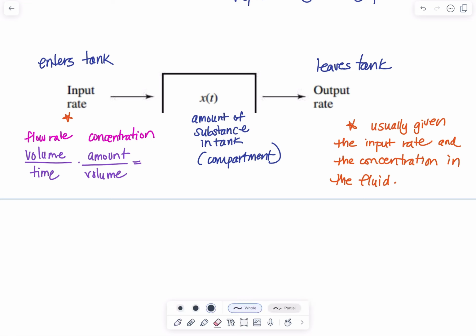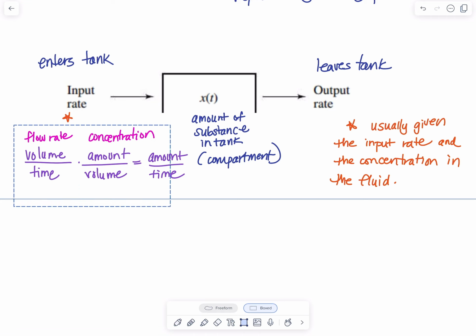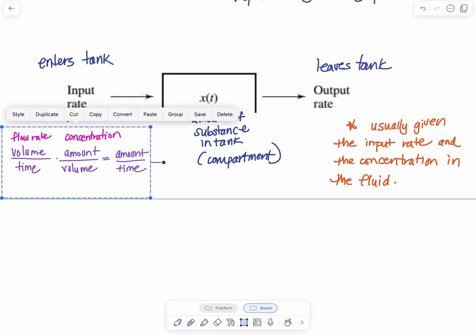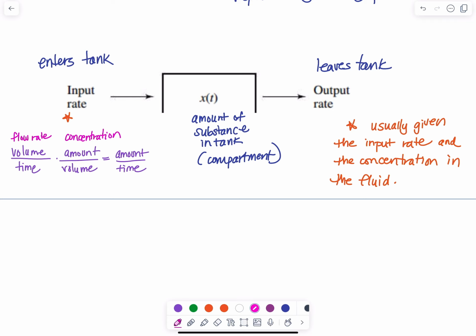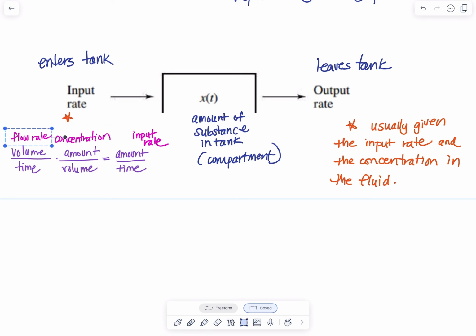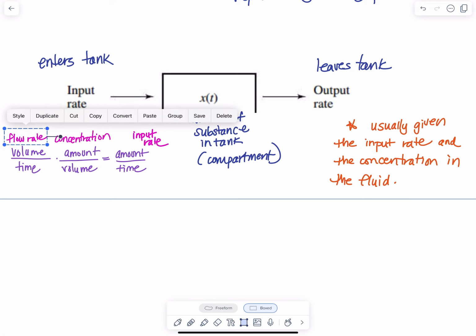Let's write what that is first. So that input rate would be amount divided by time, and that is our input rate. Okay.